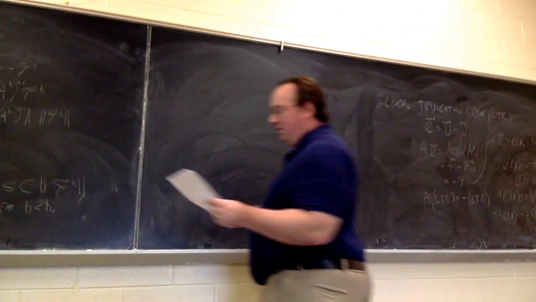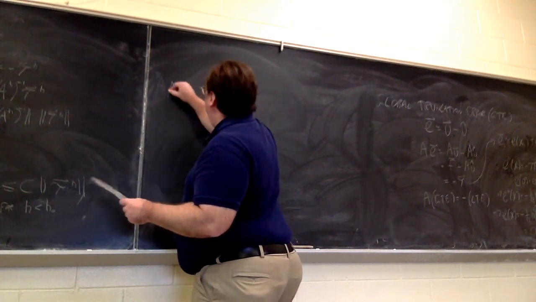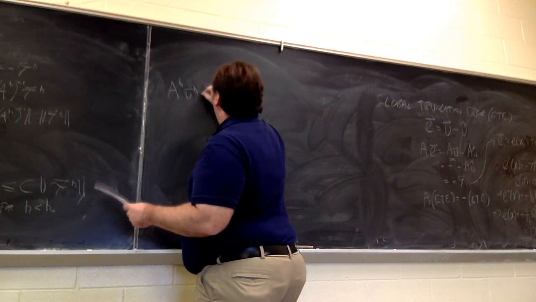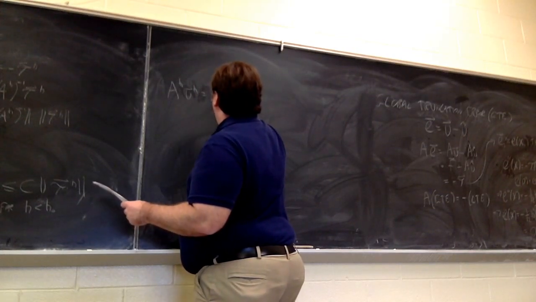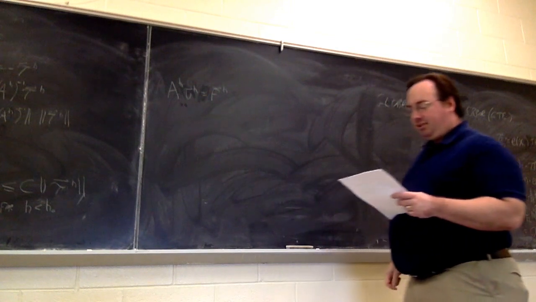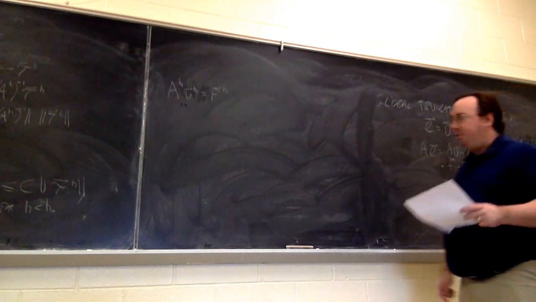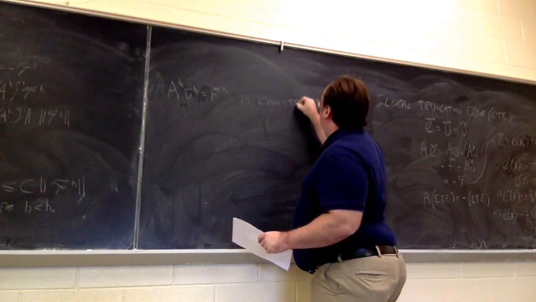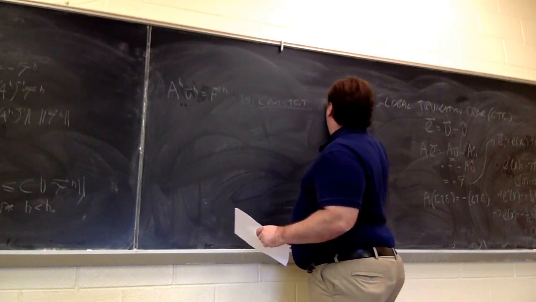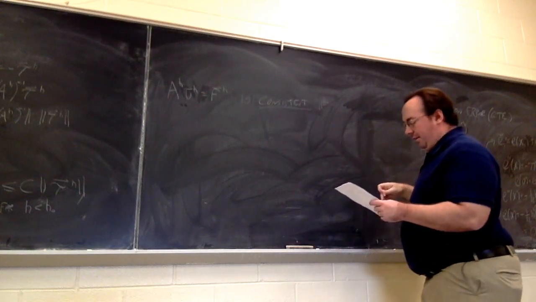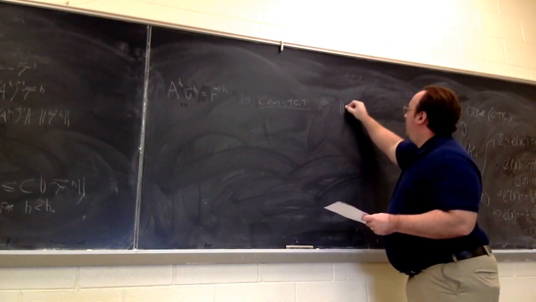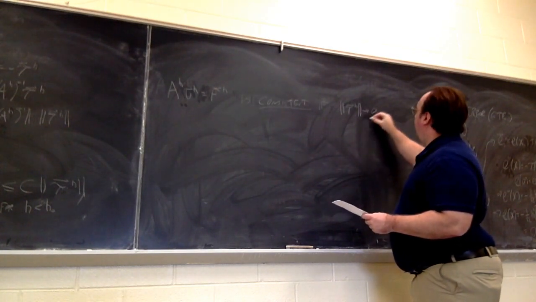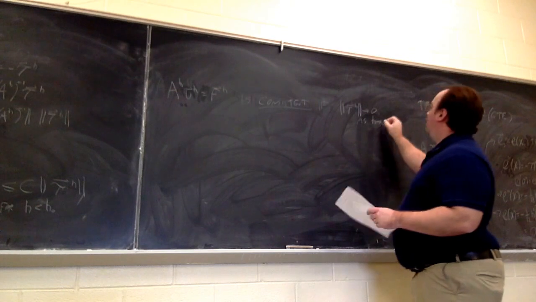Okay, so the definitions I need: a finite difference method of this form, described by a matrix A_h, it depends on the grid spacing, is consistent if the norm of the local truncation error goes to 0 as h goes to 0.